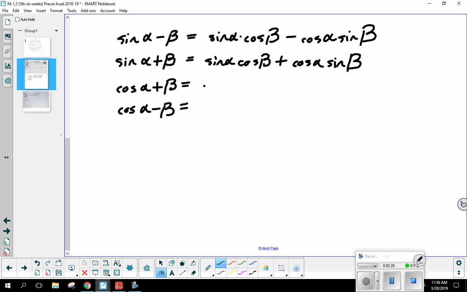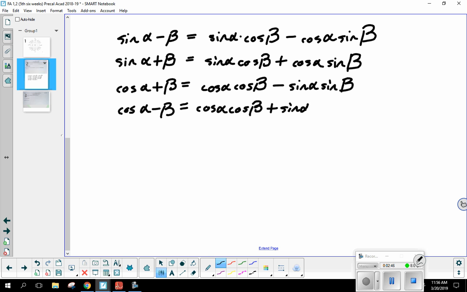So this would be cosine alpha, cosine beta, minus, because we started with a plus, sine alpha, sine beta. And then again, cosine of the difference is going to be the same except for a plus there. So cosine alpha, cosine beta, plus sine alpha, sine beta. So this is kind of coming back to everybody. It's been a while since we've seen them.